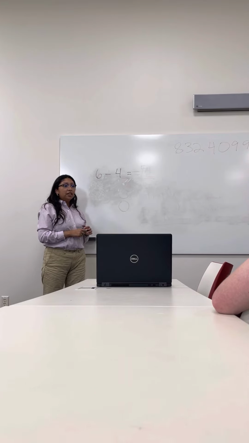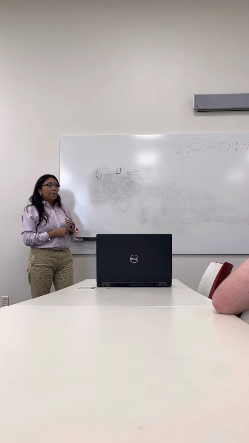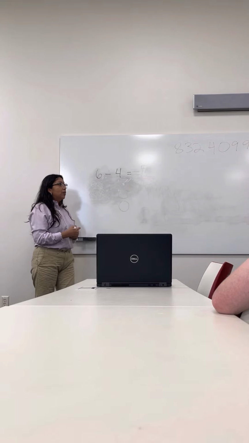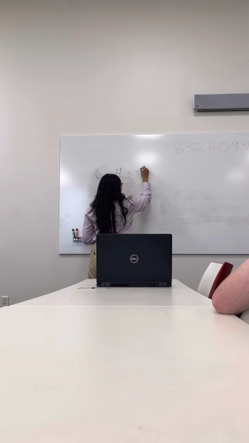And remember, once you're done, make sure that you put your pencil on top of the notebook so I know that you're ready to continue. Okay, yes, Alex. 6 minus 4. Okay, so Alex says that 6 minus 4 is 10.